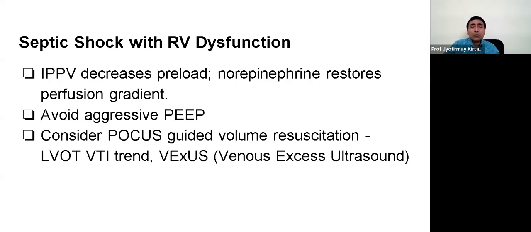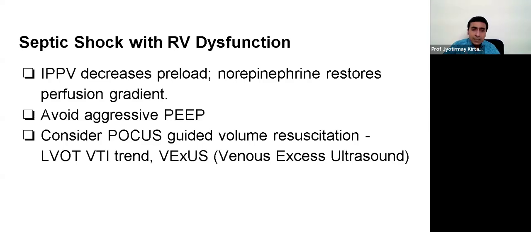You do not even need to do the exact measurement, just eyeballing. Normally it is one third. The RV is just a crescent shaped structure, the most superficial structure you see on the screen. So it is roughly one third of the LV. Anything more than that, more than one third, nearly half, almost nearly the same size, it is something very wrong. The RV is overloaded. You don't further overload the RV.